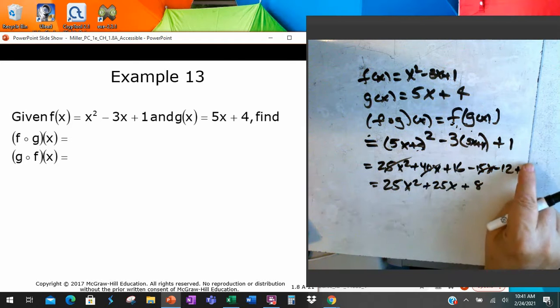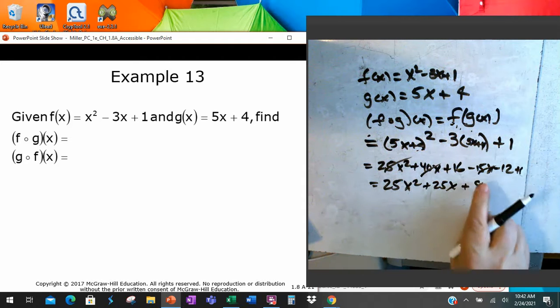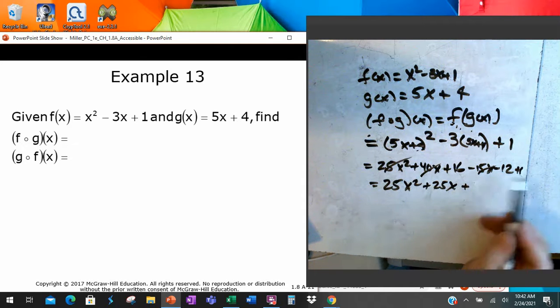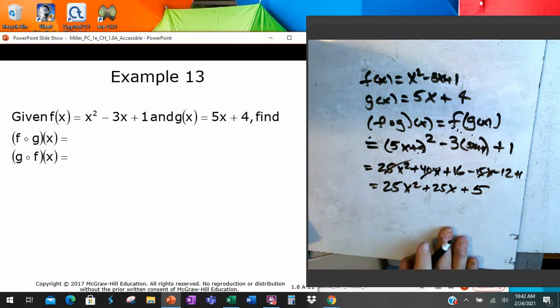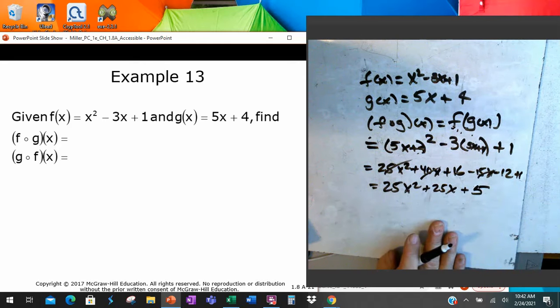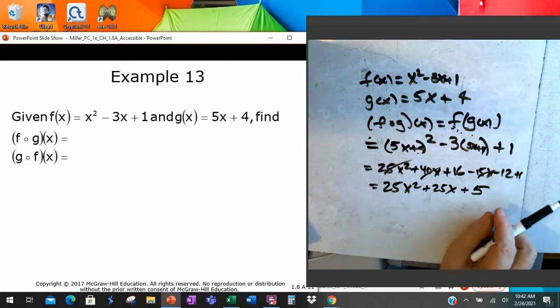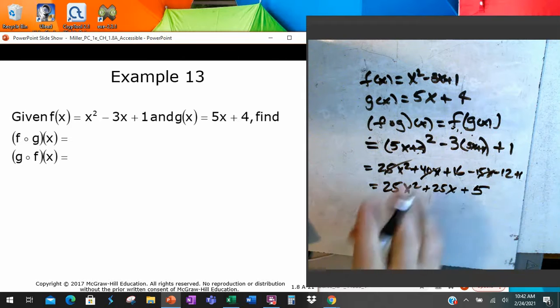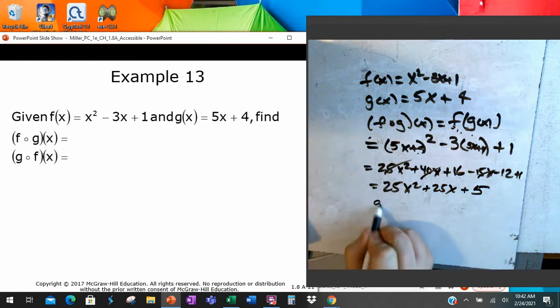The plus 1, I'm sorry. So that was the 4, and here was plus 1. So I need to go back over here. 16 minus 12 is my 4 plus 1. That needs to be plus 5. Sorry. I was thinking that 4. I thought I miswrote that one. Okay, so that's the concept of f circle g.